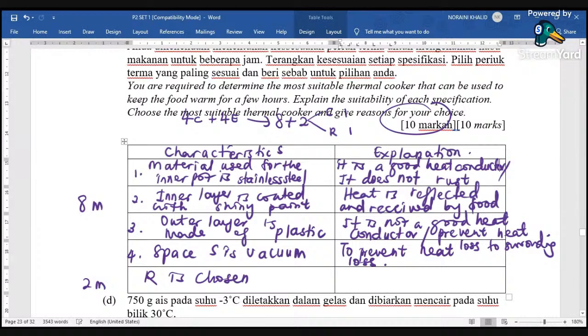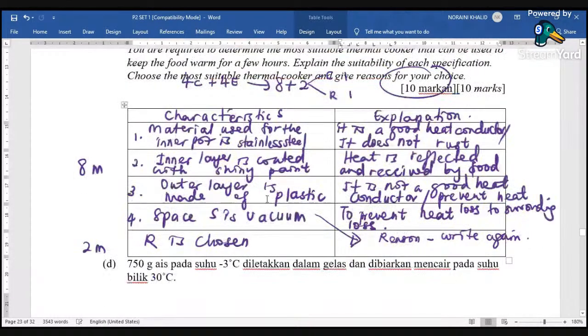Because the material used for the inner pot is stainless steel, coated with shiny paint, made of plastic for the outer layer, and space S is vacuum. Okay, reason. You write again here. Maybe you can make the writing for the reason simple. Actually, for the left side here, you just do like here. So you get 10 marks for this one.